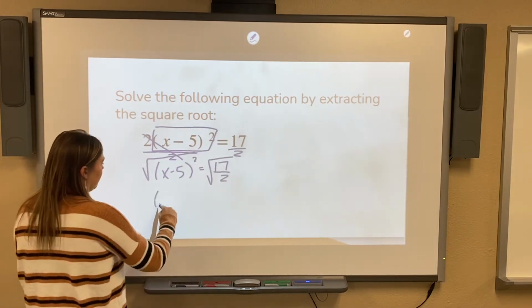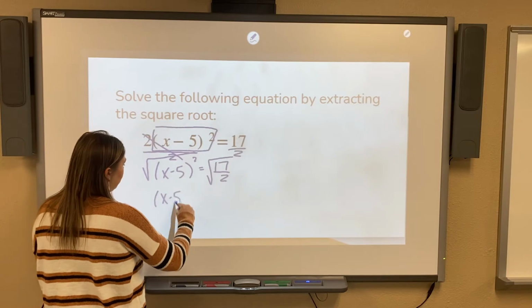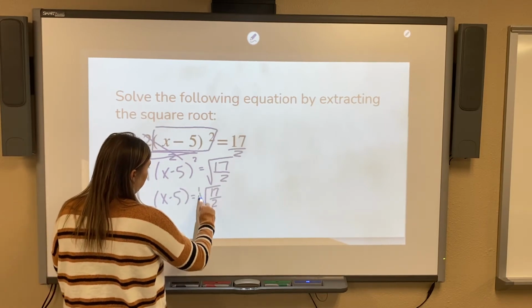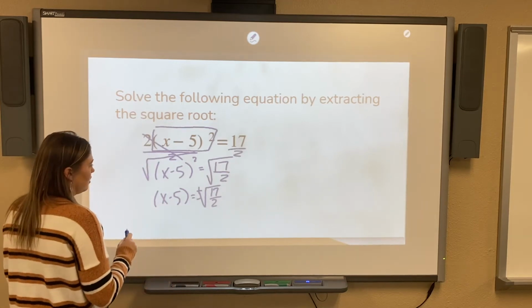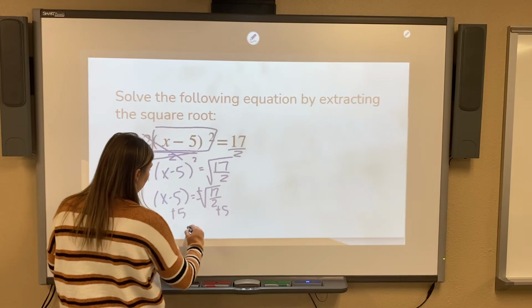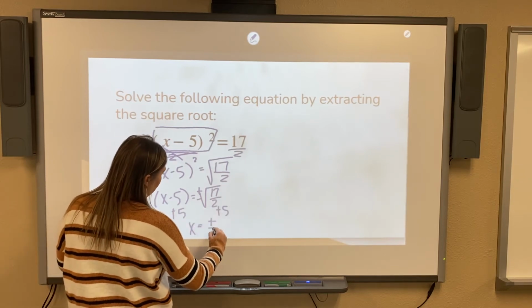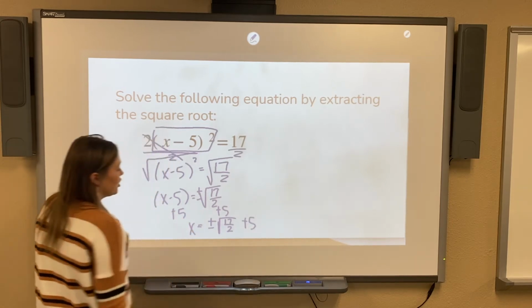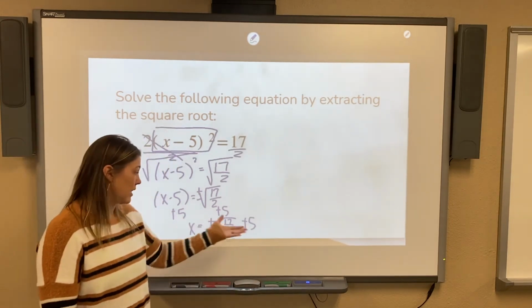So we have x minus 5 is equal to plus or minus the square root of 17 over 2. Okay, and then we add 5, and so we have x equals plus or minus the square root of 17 over 2, and then plus 5. So from here, that's not going to be your final answer.